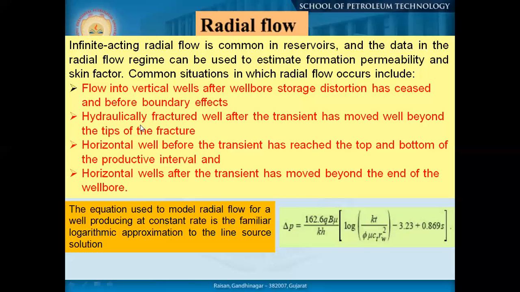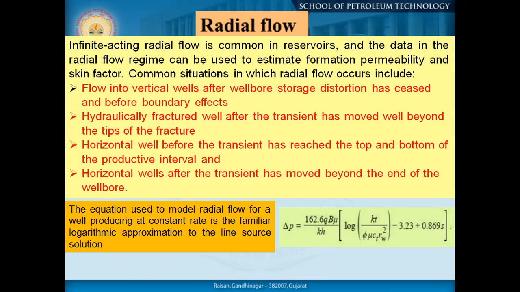Next, a hydraulically fractured well, after the transient has moved well beyond the tips of the fracture. We will discuss this up to a hydraulically fractured well. Initially it is considered bilinear flow, then elliptical flow, then it moves to a transient. That means the transient area has moved well beyond the tips of the fracture. We'll try to understand this afterwards with a configuration or diagram, with a fracture around the wellbore.